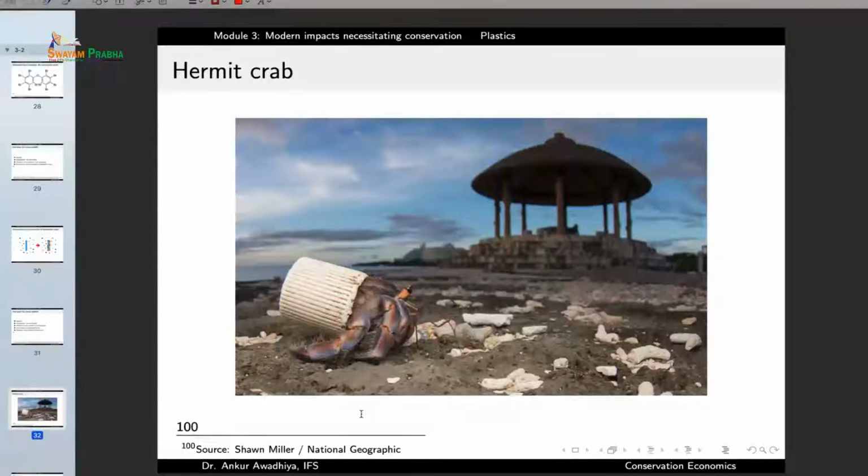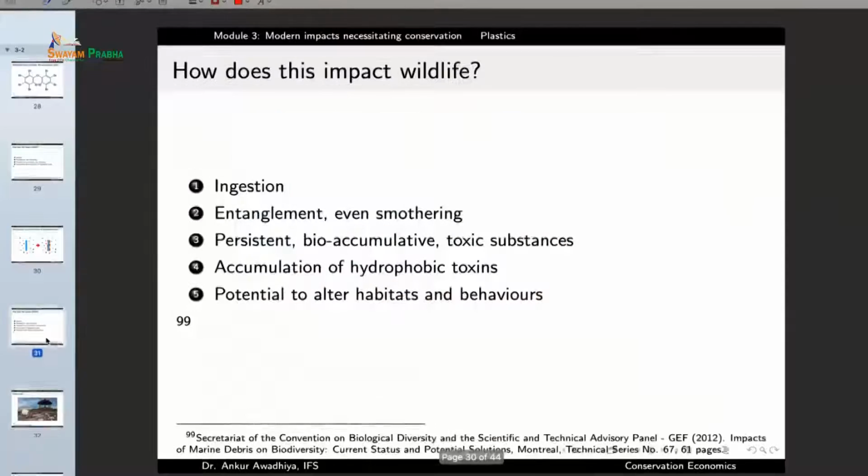Now, what we are observing here is that this hermit crab is using a piece of plastic as its protection. This is not a natural behavior, this is an artificial behavior, which is there because this hermit crab is now finding quite a huge amount of plastics in its natural habitat. So, plastics have the ability to alter habitats and behaviors, and this is also another way in which plastics impact wildlife.